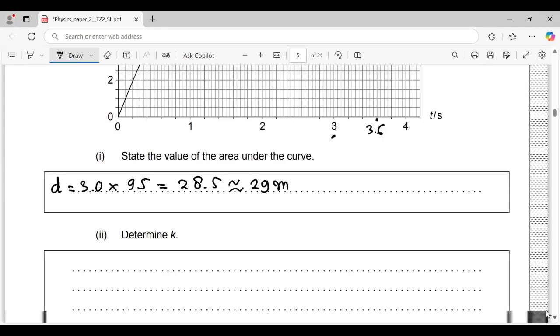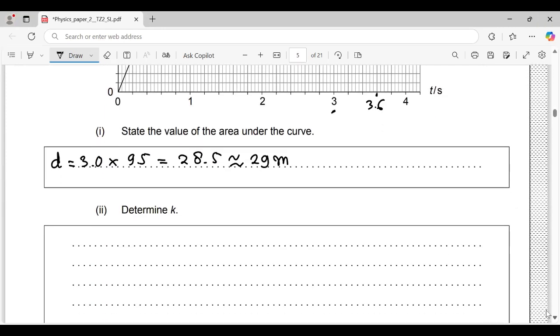Next, determine k. To determine k, we need several pieces of information: at the terminal velocity, the force of air resistance equals the gravitational force. This is important for us.